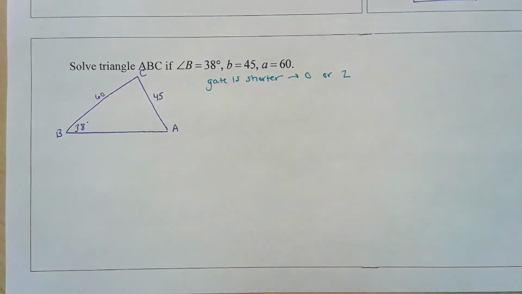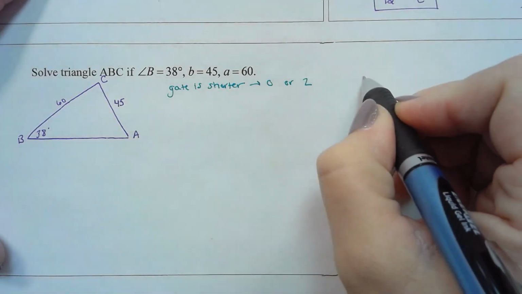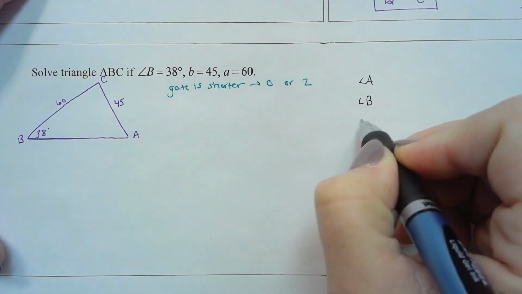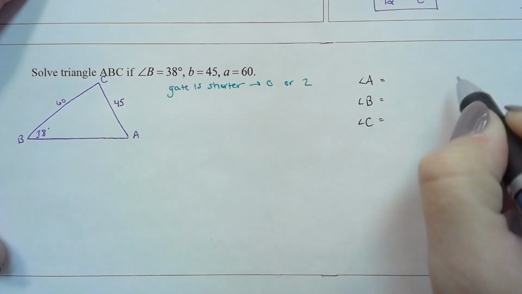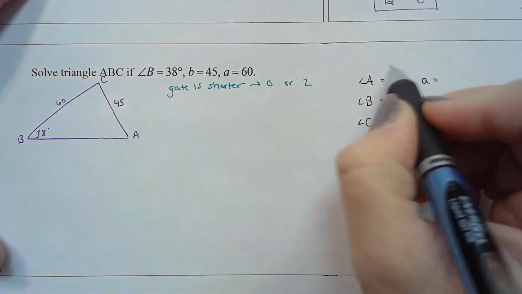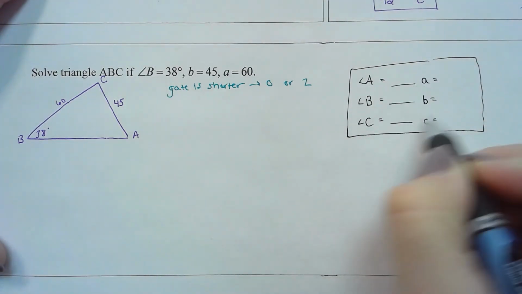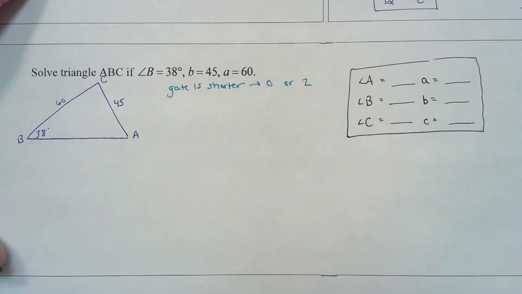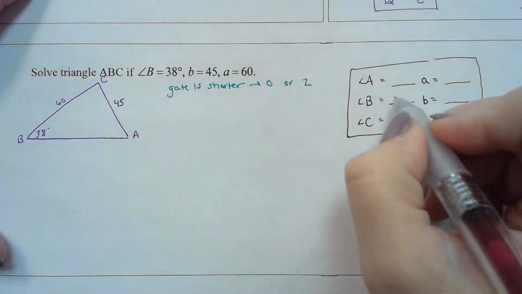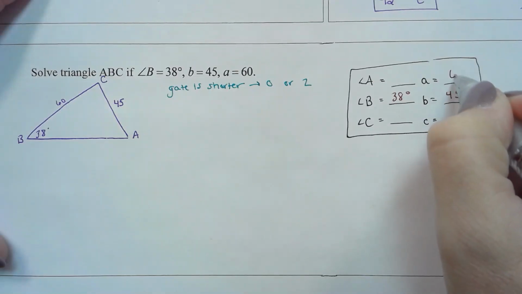And we won't know until we start solving the triangle. So let's see, we've got angle A, angle B, angle C, side a, side b, side c. So I'm just kind of, like I did above, setting up my answer here. All right, so angle B is 38, side b is 45, and side a is 60.